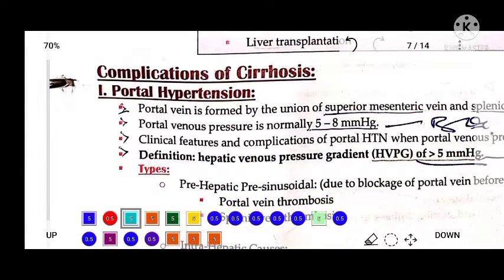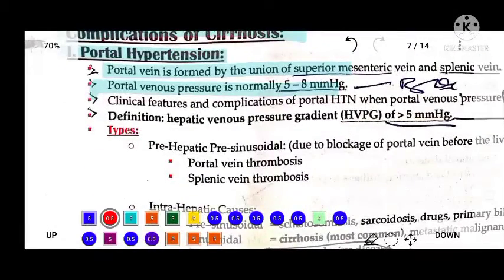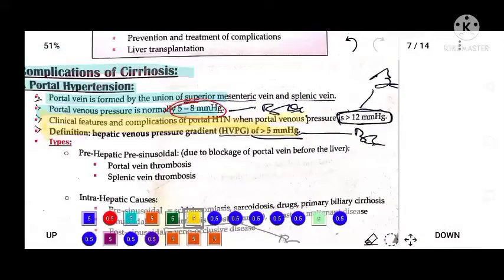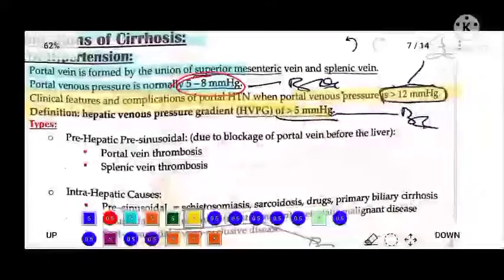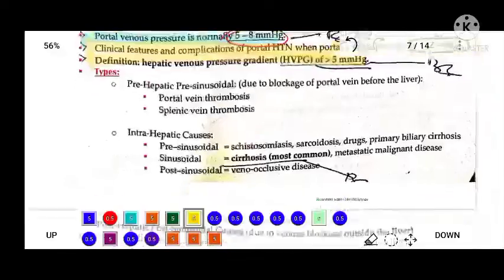Now, the complications of cirrhosis will be portal hypertension, and in portal hypertension, normal pressure is 5 to 8 millimeters of mercury, and when the venous pressure in the portal vein is greater than 12 millimeters of mercury, that is known as portal hypertension.